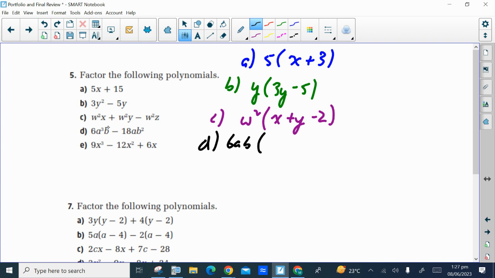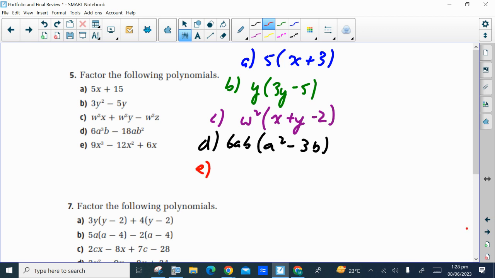A cubed divided by a is just a squared. When you divide the b's, they cancel. Minus 18 divided by 6 is 3. When you divide the a's, they cancel. B squared divided by b is b. There's your factors. Common factor of 6ab. Your other factor is a squared minus 3b.